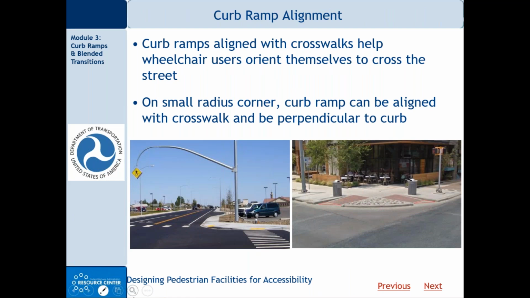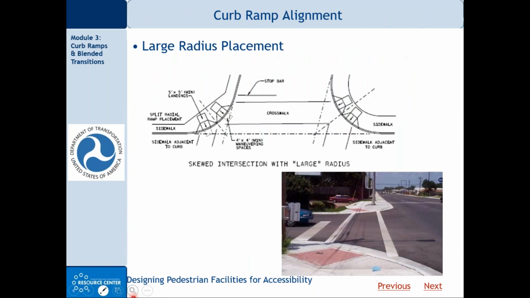But on larger radius corners, it's not so easy, because one criterion for curb ramps is that the curb ramp has to intersect the curb at right angles so that both wheels of the wheelchair enter and leave the ramp at the same time. So a curb ramp has to intersect the curb at right angles.